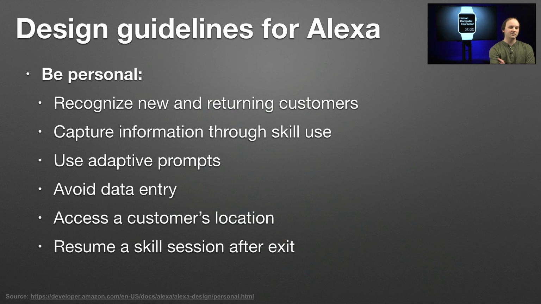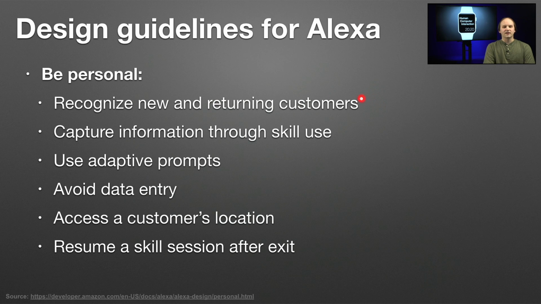The next category that they have is called being personal, and this is an interesting one in terms of user experience, and making a product that is helpful to people, that they like to use, and that can be competitive against other products. This starts to talk about learning and understanding the user that you're interacting with over time.